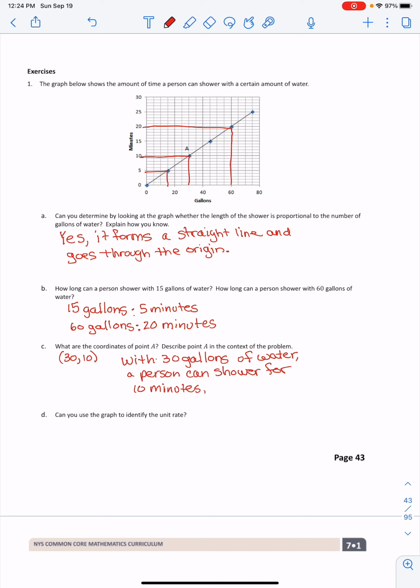It says, can you use the graph to identify the unit rate? Yes.